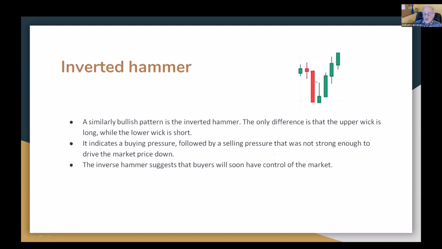Must say that those inverted hammers don't appear often, but still they also are found on the charts. And what's important here, we need to spot them, because if we spot them very soon, we have a big chance to enter the market quickly.